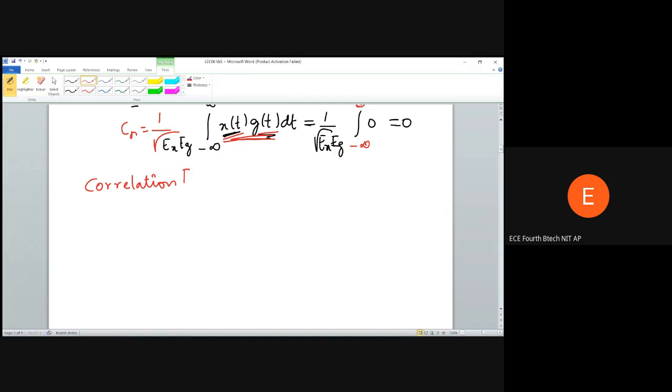The correlation function is represented with psi, and we calculate the correlation between g of t and x of t.